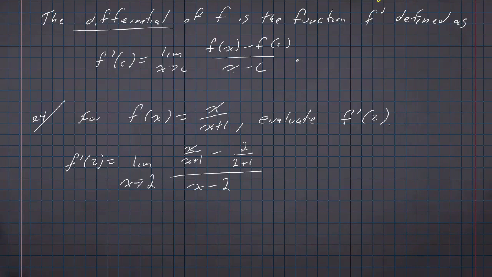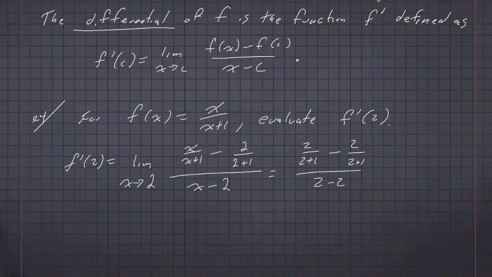There are a couple of ways to deal with compound fractions. The first thing I want to point out is if you plug in x equals 2, you are going to get 0 over 0. It's a long way to go to get there, but that's 2 over 2 plus 1 minus 2 over 2 plus 1 all over 2 minus 2.